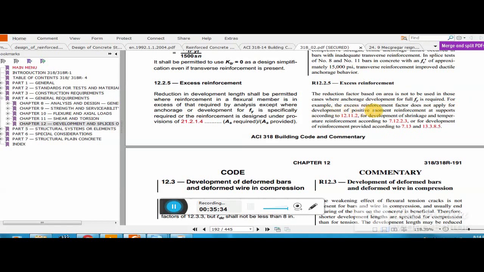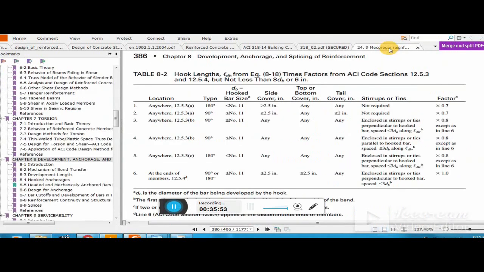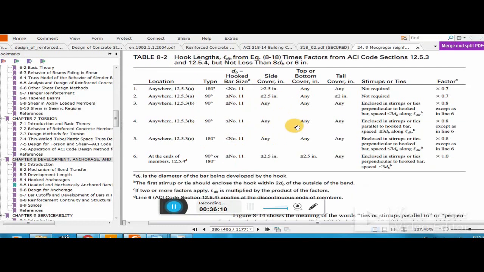For example, the excess reinforcement factor does not apply for the development of positive moment reinforcement at supports, for development of shrinkage and temperature reinforcement, or for development provided according to these sections. And you see the excess reinforcement factor is equal to as required over as provided. So there are certain limitations, and if you open the Wight and MacGregor book and scroll down the pages to page 386, you see this table. But remember, these limitations are used when you are using hooks. Clear? So there are certain limitations on that excess factor, and you see here different values of the excess factor.